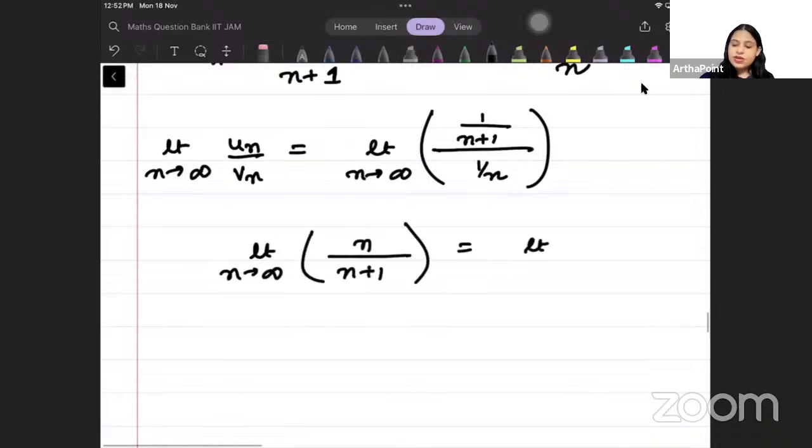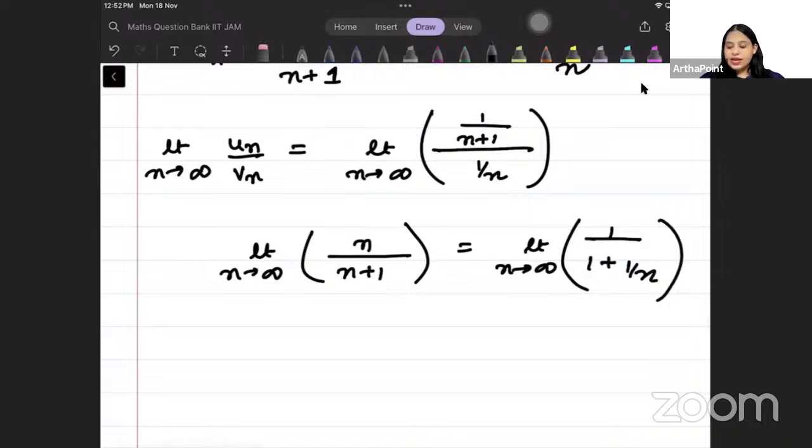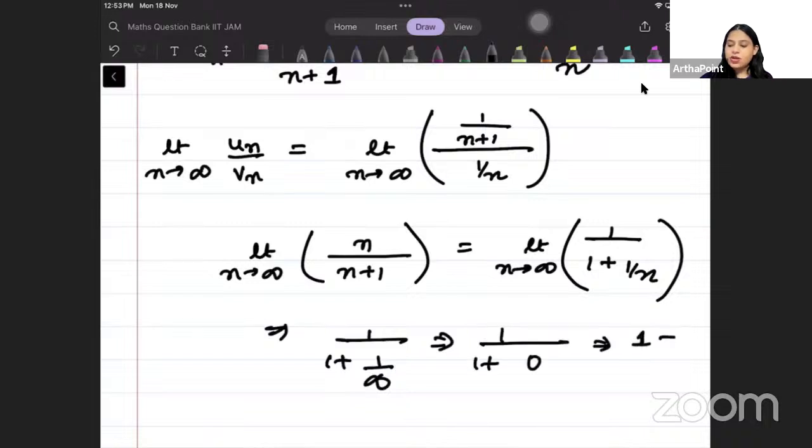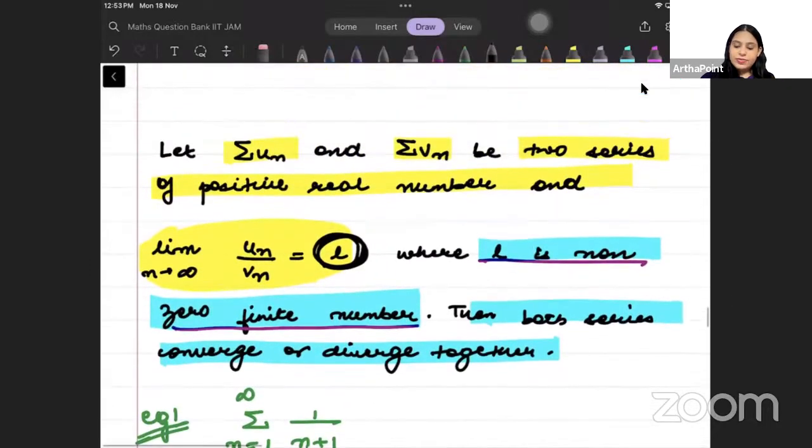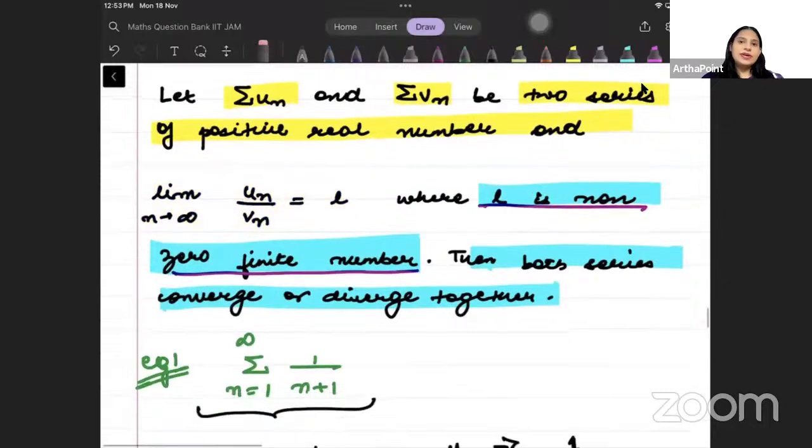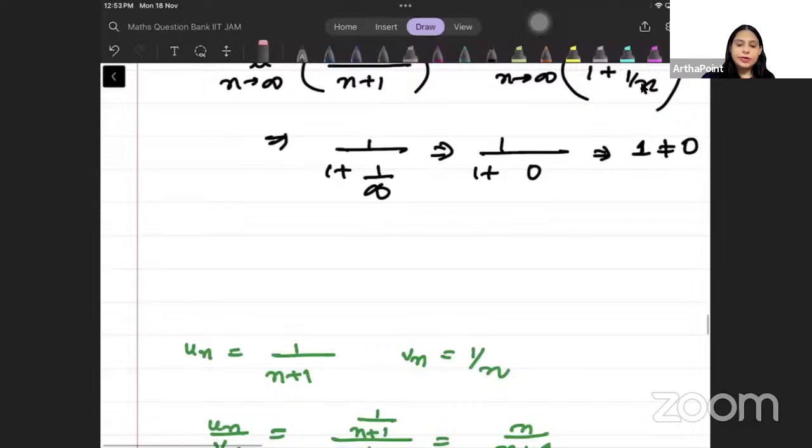And this will give me, limit n tends to infinity, dividing both numerator and denominator with n, 1 upon 1 plus 1 by infinity. 1 upon 1 plus anything by infinity is 0. That means 1, which is non-zero. So, माने, I have got a limit L, and this limit L is a non-zero number.